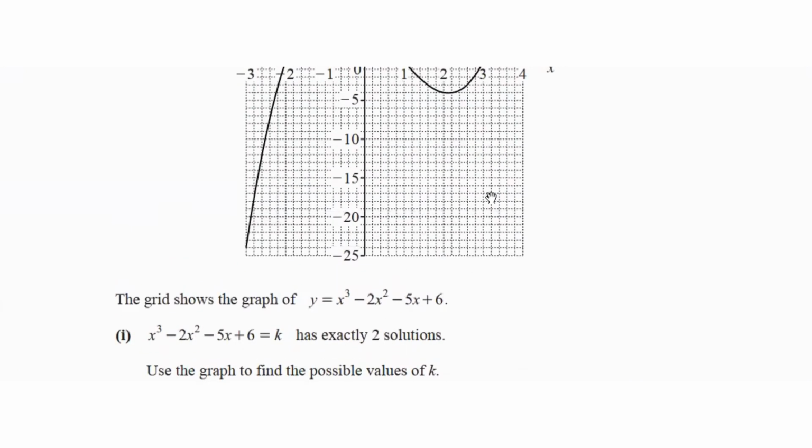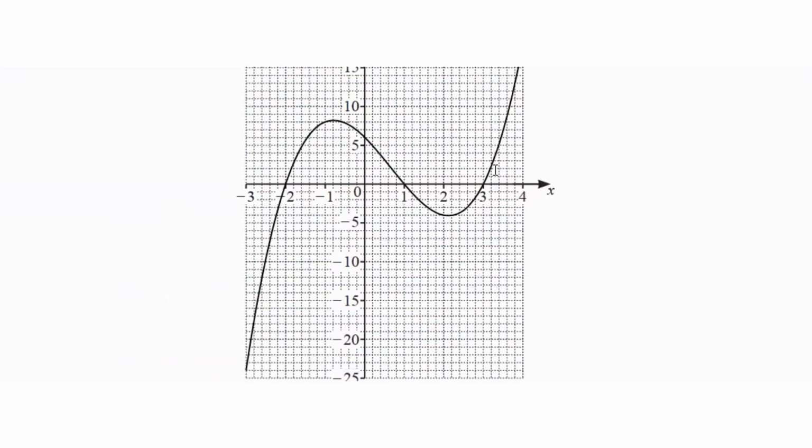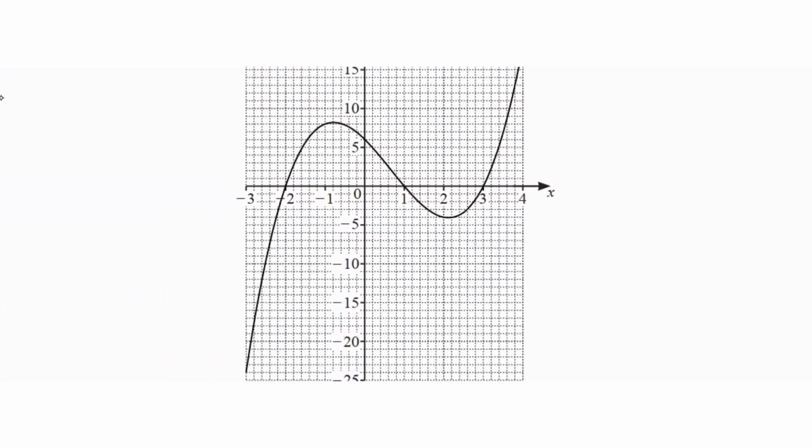So since it has 2 solutions when the graph is equal to k, you get 2 solutions only at this point or at this point.